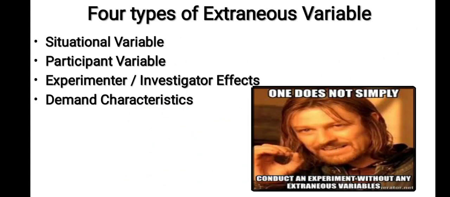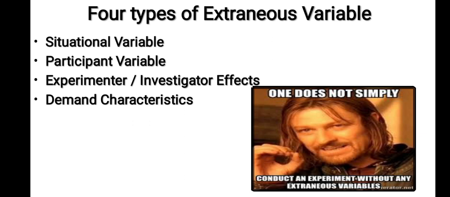And there are four types of extraneous variable. First one is the situational variable, which means aspects of the environment that might affect the participants' or respondents' behavior. For example, the noise heard outside, the temperature, the lighting conditions, all these are called situational variables. And the second one is the participant variable. This refers to the way in which each participant varies from the other and how this could affect the results.